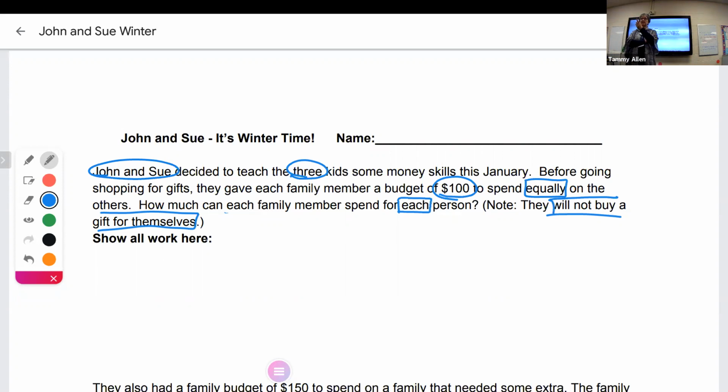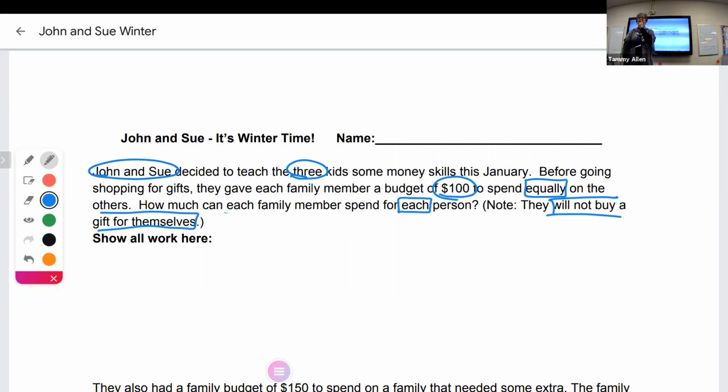You're buying the gifts. Okay? Are you buying for yourself? Sit down. How many people is she buying gifts for? That's four.